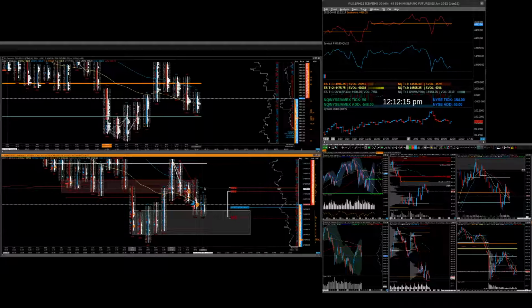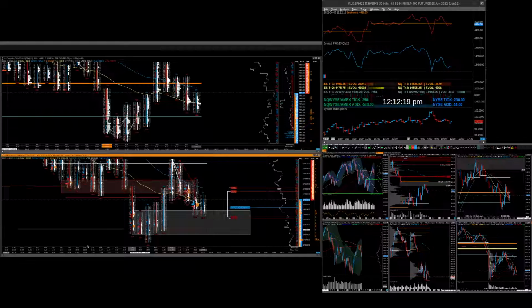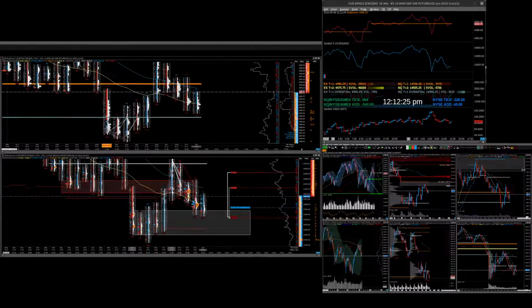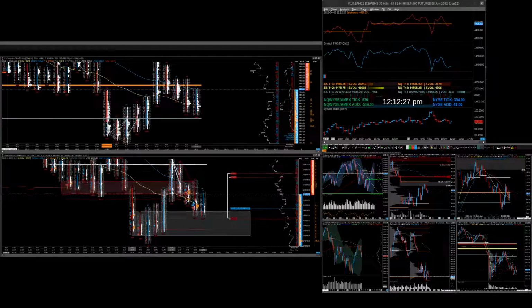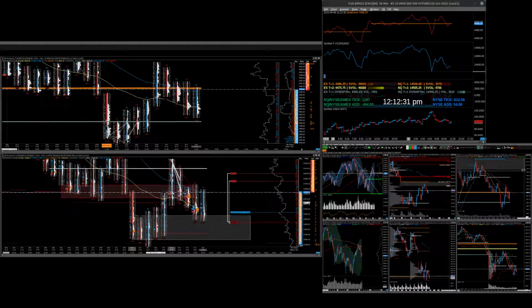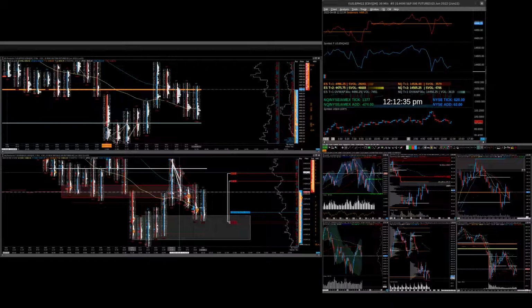I think if we break this, we're going to go way up and test up here to like 97. So guess what? Foomp. Let's do this. There you go. We're breaking it. So here's the 97s up here.